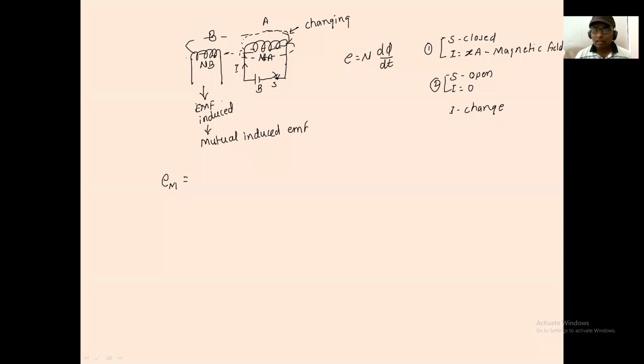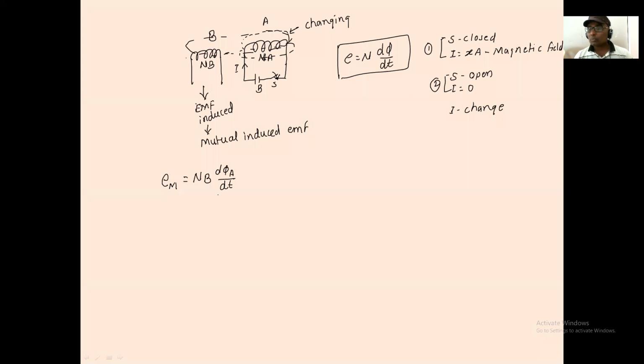मग आता सांगा मला, कॉइल बी च्या किती नंबर ऑफ टर्न्स आहेत आणि त्याला कोणता फ्लक्स लिंक झालेला आहे? तर बेसिक इक्वेशन नुसार जर मला म्युच्युअल इंड्युस्ड EMF चं इक्वेशन लिहायचं असेल, सो कॅन आय राईट इट डाउन, विच इज इक्वल टू NB, the number of turns of coil B, आणि कोणता फ्लक्स लिंक झालाय? तर कॉइल ए नं तयार केलेला फ्लक्स लिंक झालाय. सो कॅन आय राईट इट डाउन हियर, d phi A by dt.